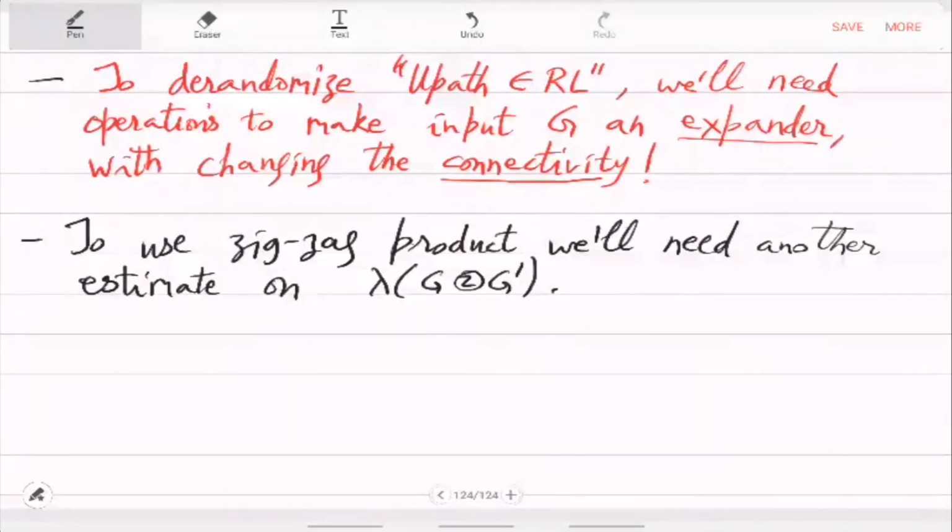The previous estimate will not work because there both A and B were small, but if your G was given in the input, you do not know how small it is. It can only be very close to 1. So, we will use a different estimate, we will prove and use a different estimate next time.